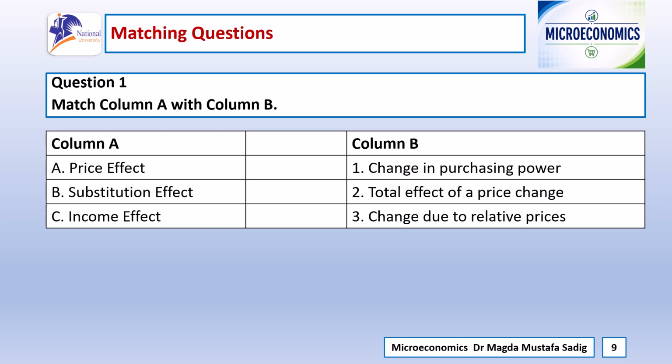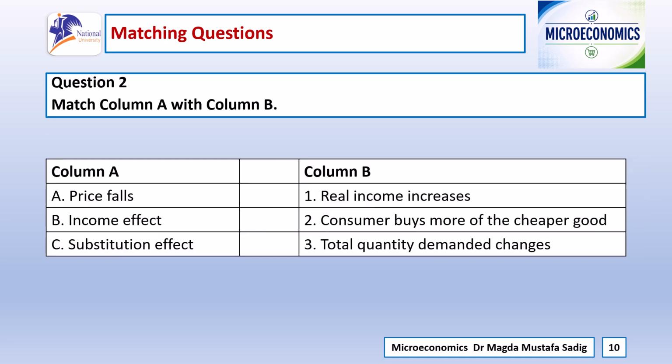Substitution effect matches with change caused by relative prices. So B will match with 3. Income effect matches with change in purchasing power. So C matches with 1. Try to solve question 2.